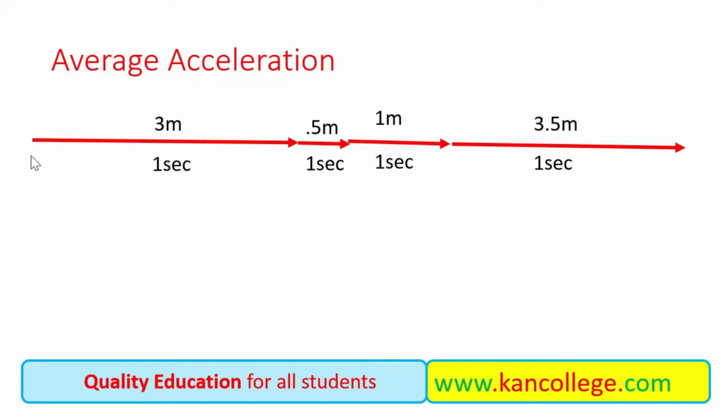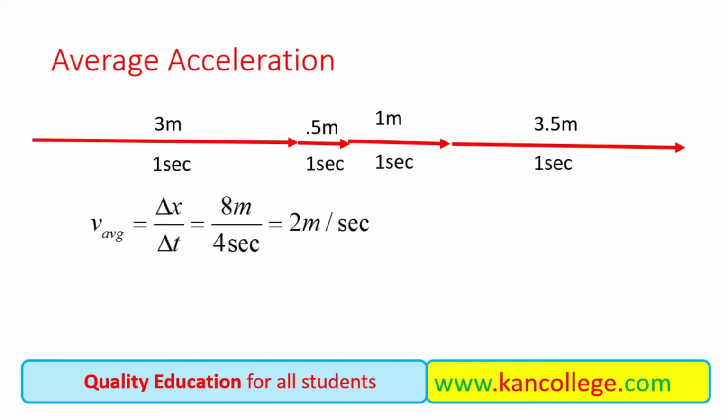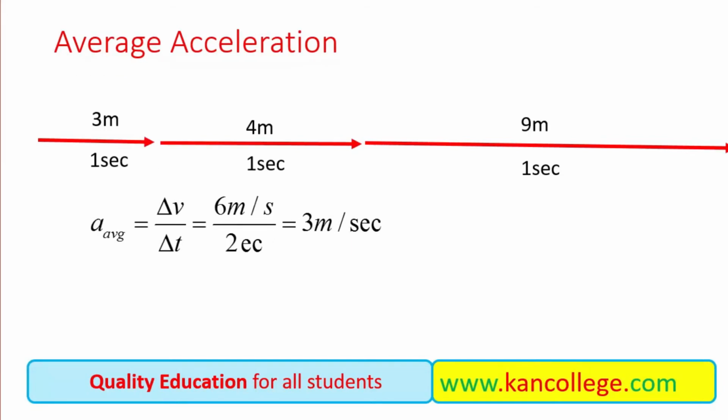If someone asks what the acceleration of this body is, with changing acceleration, then we cannot describe a certain acceleration for the overall behavior. We have to take the average acceleration for the whole time.